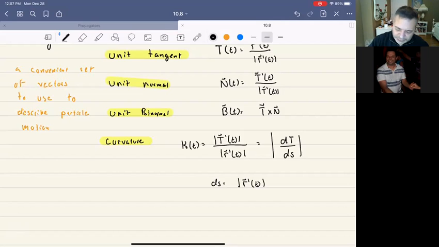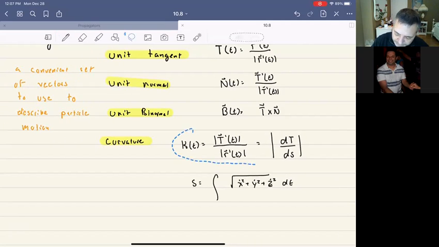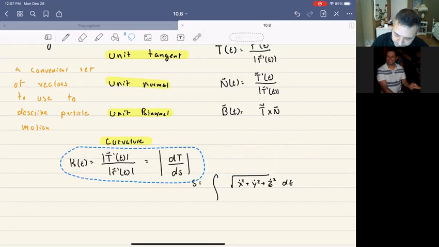So really, let me write it this way. s is the integral of the square root of x prime squared plus y prime squared plus z prime squared dt. We also have another way to get curvature.